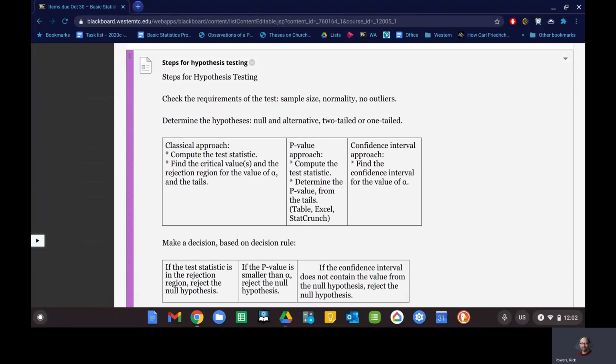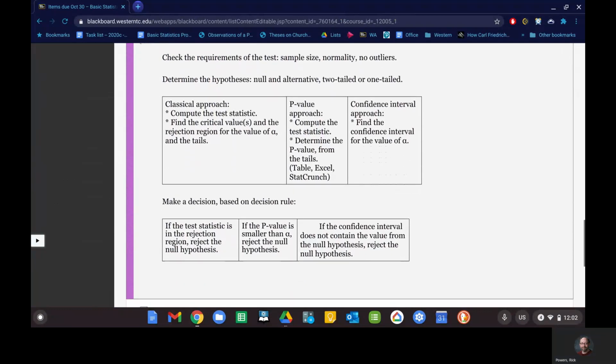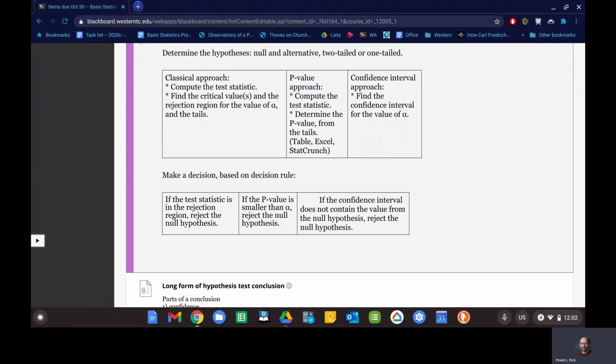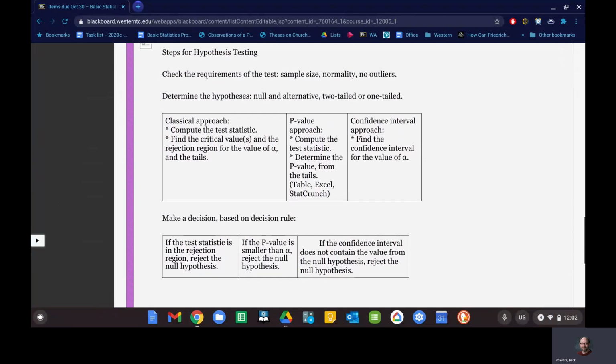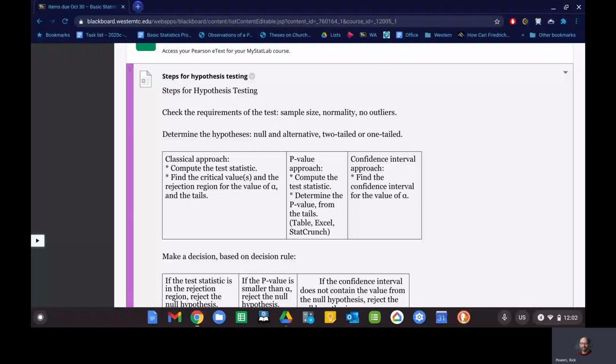They're actually very closely related. You can use a confidence interval to do a hypothesis test. Now, as you go through the notes and the videos, there's explanation of how this is actually supposed to work. But there are 3 different methods of doing hypothesis testing, and those are listed out here in the notes.